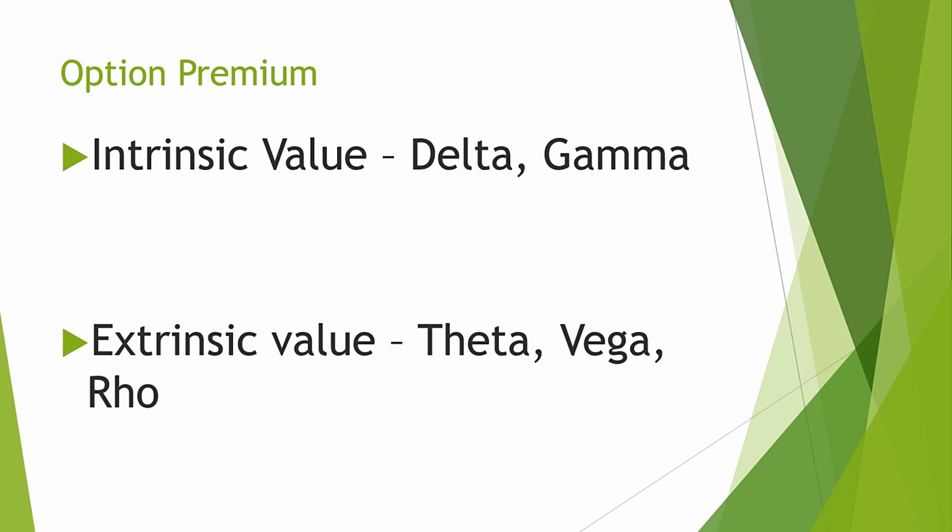Rate of change of extrinsic premium is also decided by delta. So it also affects option premiums' extrinsic value. Delta and gamma affect intrinsic as well as extrinsic premiums, but rho, vega and theta affect only extrinsic premiums.